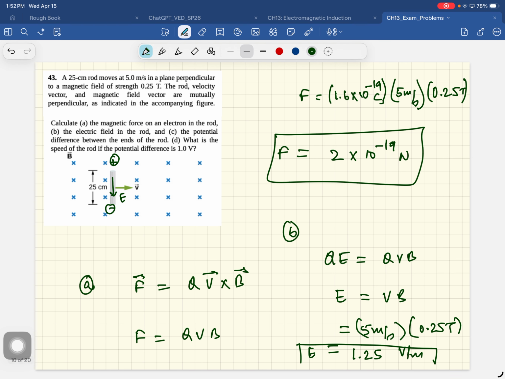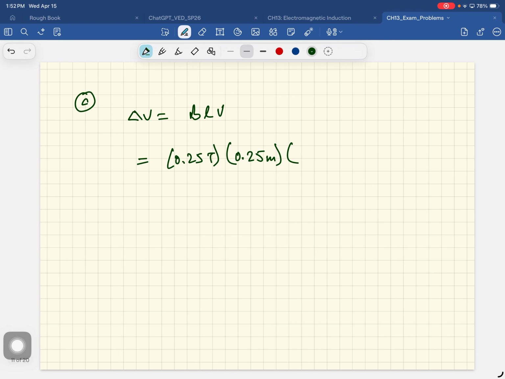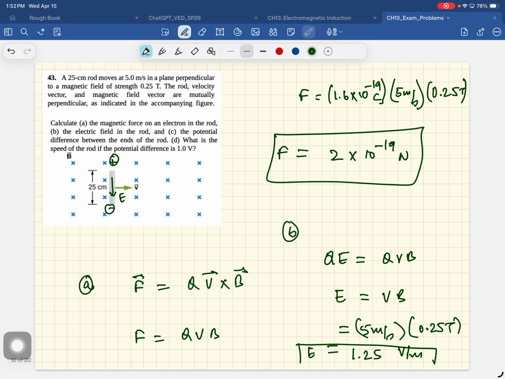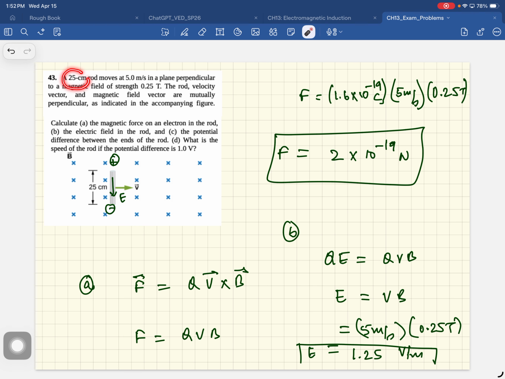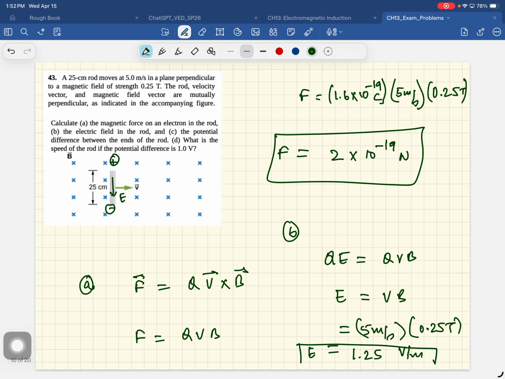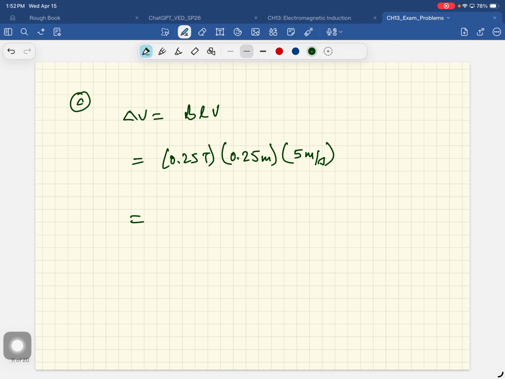So the induced EMF is delta phi over delta t. And the number of turns of coil, B times area. 50 turns, half a Tesla, pi r squared.